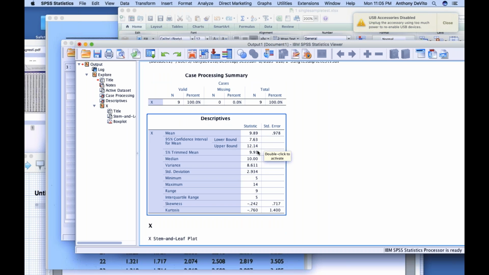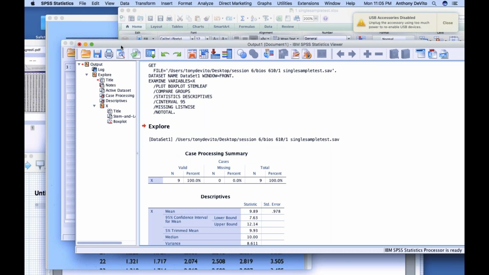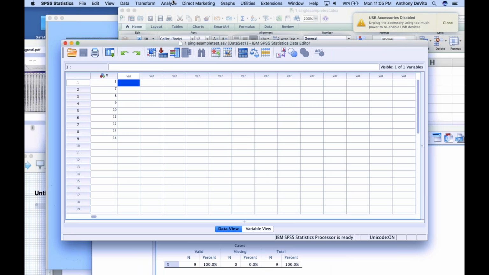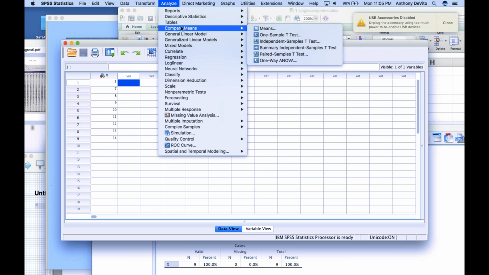Okay, and now I'm going to ask it to compare these two means, right? I'm going to get this out of the way, go back here. I'm going to say analyze. This time I'm going to say compare means. When we go to compare means, it gives me access to one sample t-tests, independent sample t-tests. In other words, two groups independent of each other. Paired sample t-tests, right?